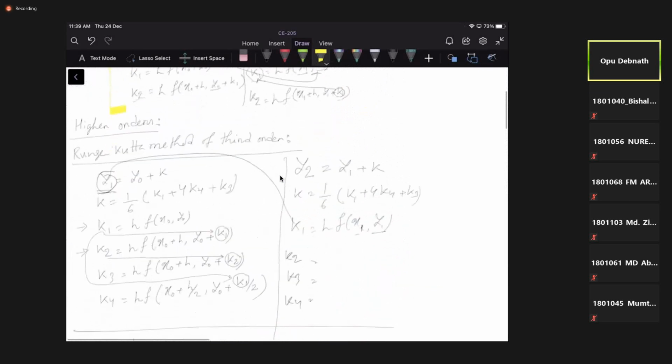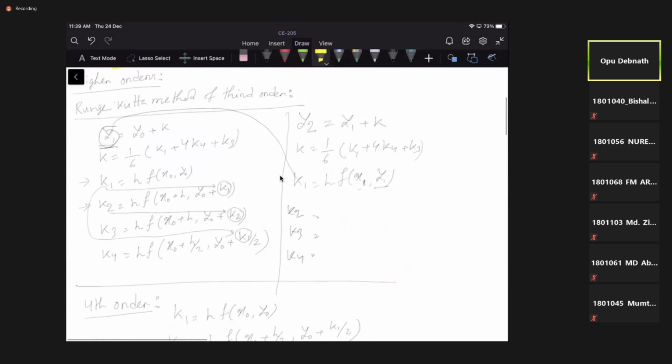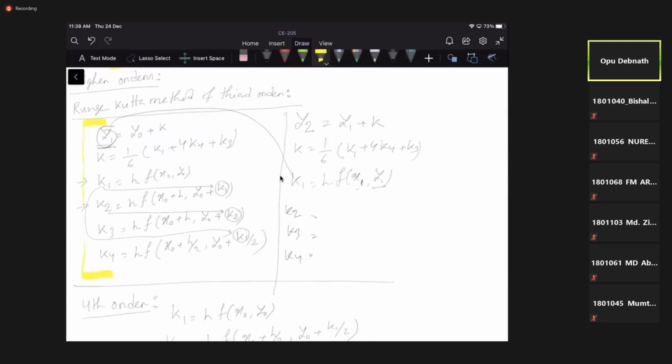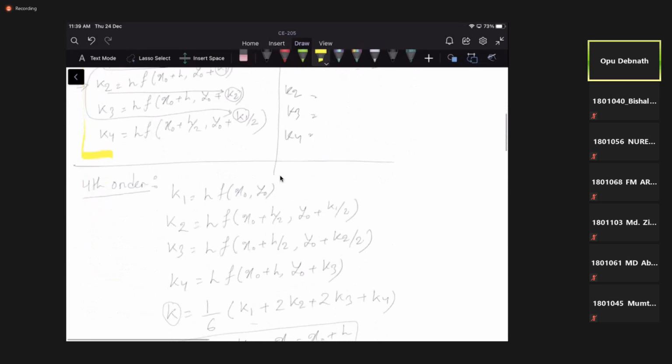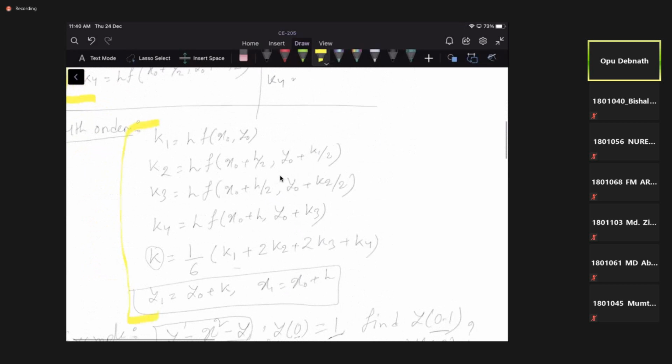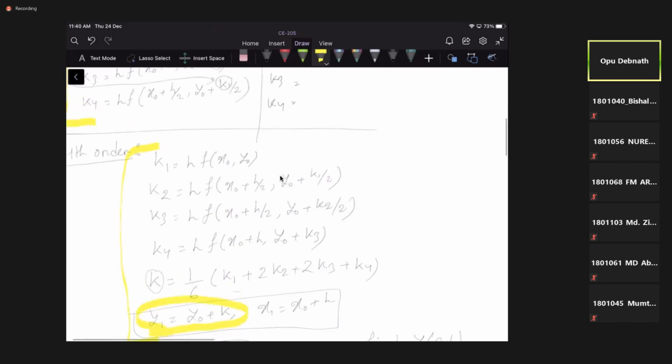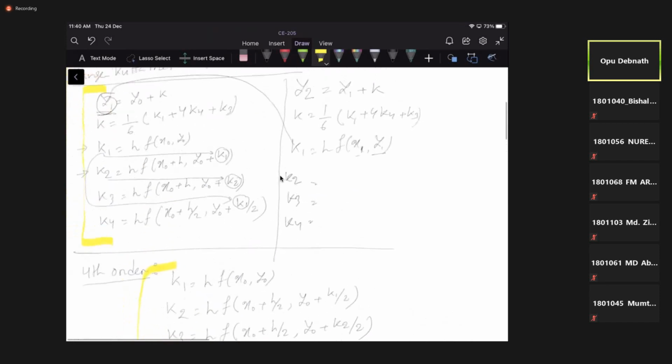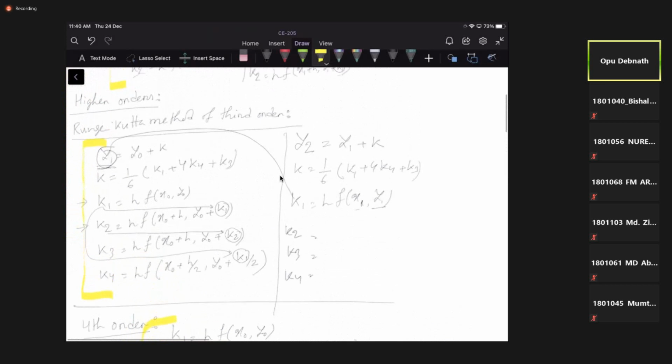For the third order methods, I will use this set of equations, and for fourth order Runge Kutta methods, I will use this set of equations. The only changing thing is the set of equations, that is k1 to k4 and k. Then y1 is equal to y0 plus k, y2 is equal to y1 plus k, which are the same as usual. So you only need to recall the algorithms and the equations. Try to remember these equations.